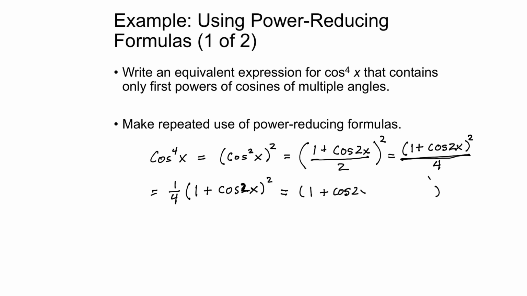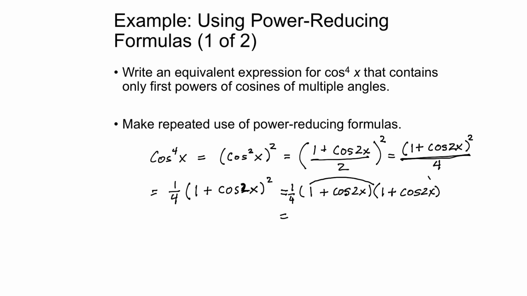So cosine 2x, which means we're doubling the angle before we take the cosine of it, and we'll just multiply it by itself. And now we're going to apply our tried and true, and we have the 1/4 here, FOIL. So let's FOIL this out.